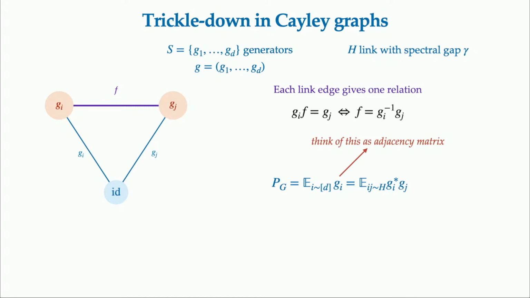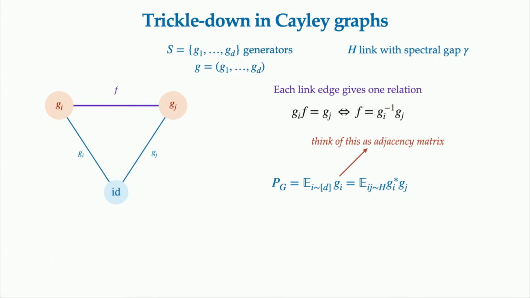Okay, but since an element GI happens to be equal to a product of two other elements, and possibly in many different ways, I actually have this alternate way to write down what the adjacency matrix is.